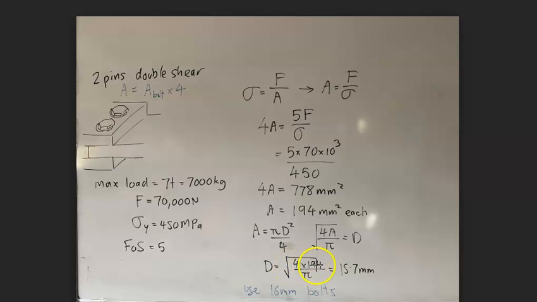So this 4 times 194, which is just this number here that we already had, divided by pi, take the square root of everything, we're going to get 15.7 millimeters. Well, you can't buy a bolt that's 15.7 millimeters, so instead you can use the 16 millimeter bolt. In practice, you probably would actually get away with a 15 millimeter bolt, but we're not going to worry about that.